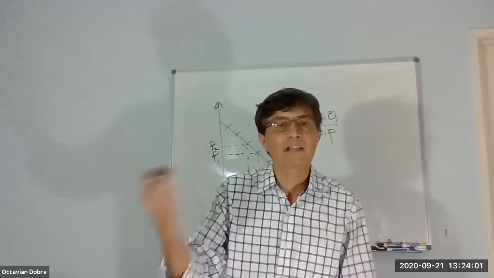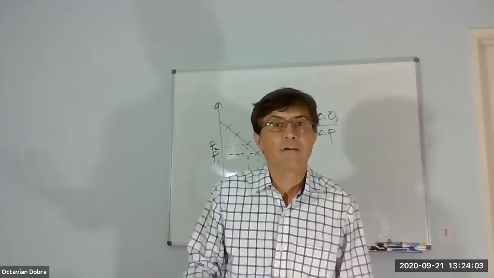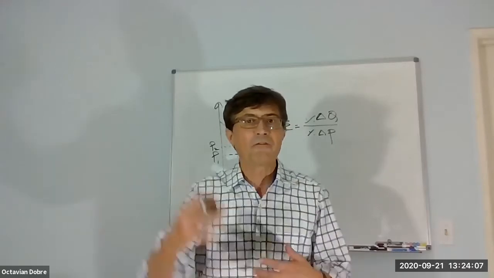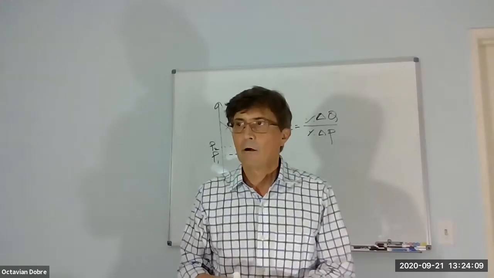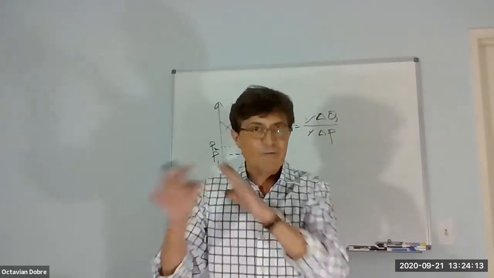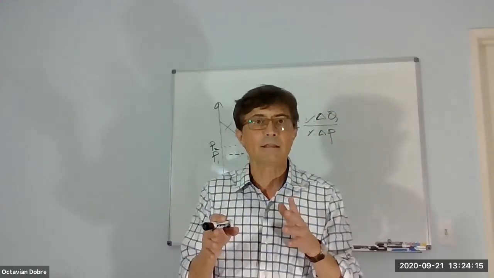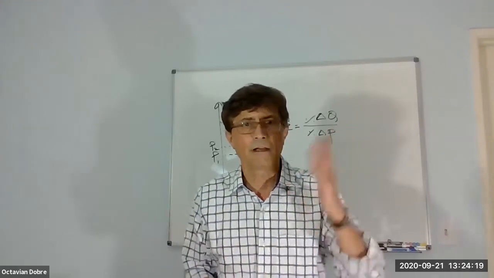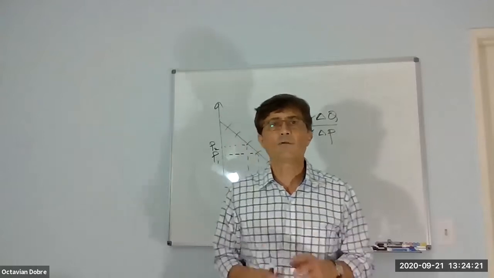Well, what is the percentage change in price going from 50 to 40? It's going to be $10 divided by 50, the original price, times 100. So it's going to be 20%.